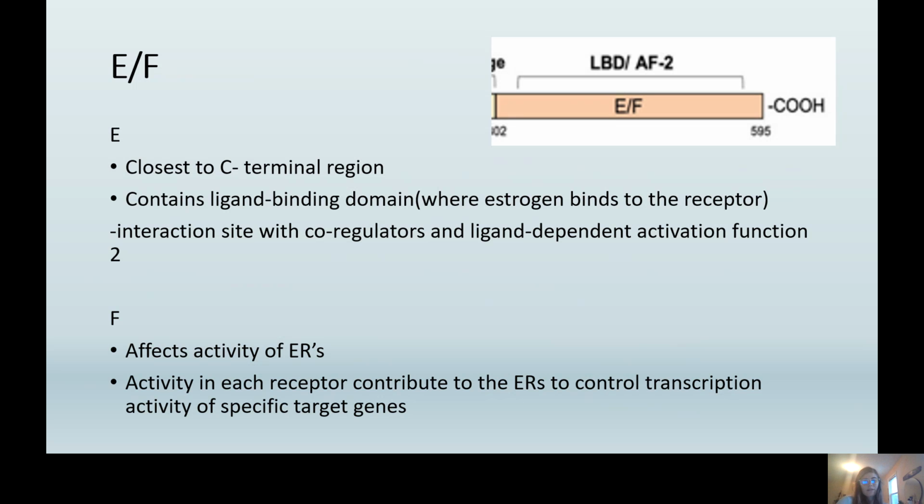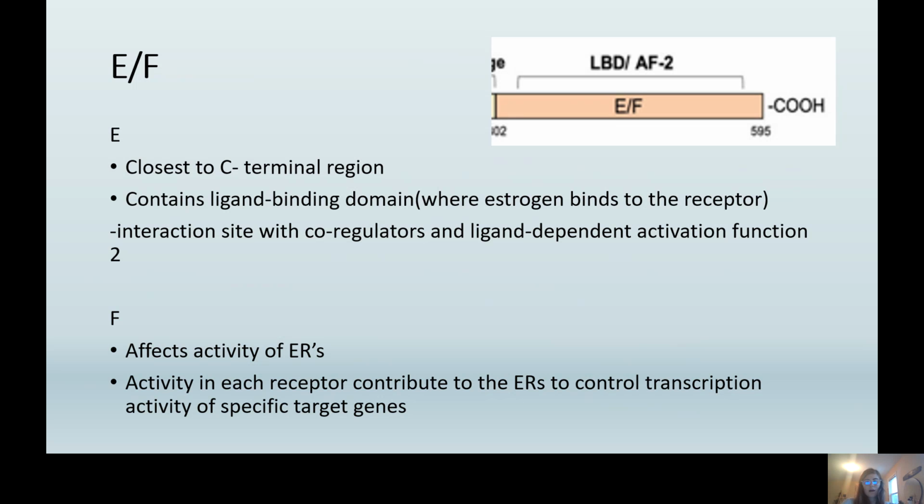This is where the estrogen mainly binds to the receptor, which, if there's too much binding, can cause cancers and other issues. This is the interaction site with co-regulators and ligand-dependent activation function 2.